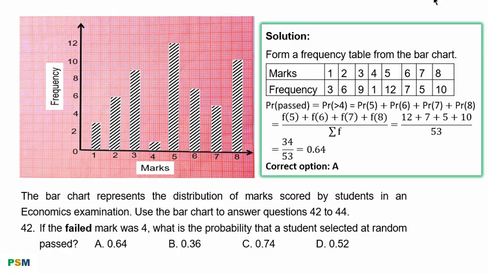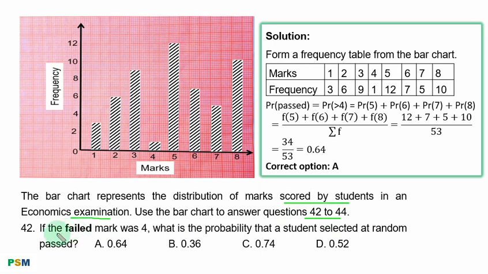The bar chart represents the distribution of marks scored by students in an economics examination. Use the bar chart to answer questions 42 to 44. Question 42.